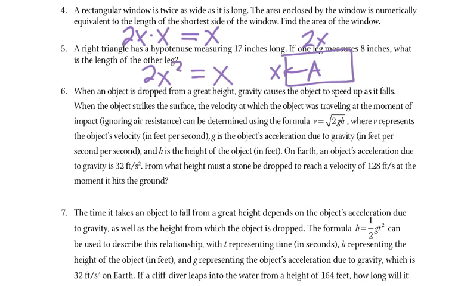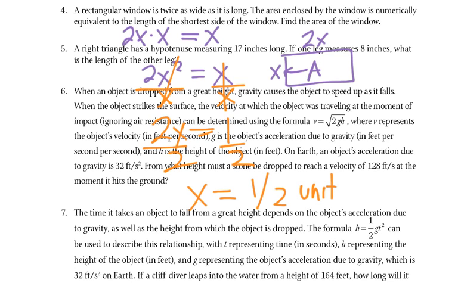Now, notice we have an x and an x on this side, so I can divide by an x. That'll give me just 2x equals 1. Divide by 2, and I get x equals 1/2. So the area would be 1/2 units squared, or square units. Okay? That's kind of a weird one, huh?